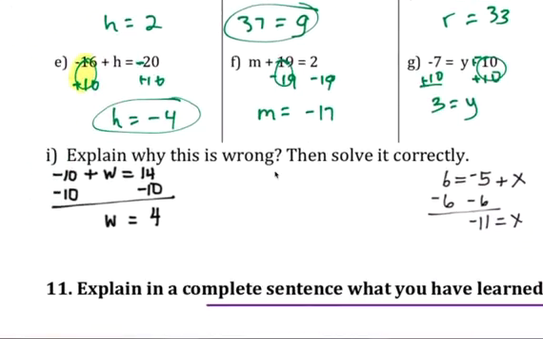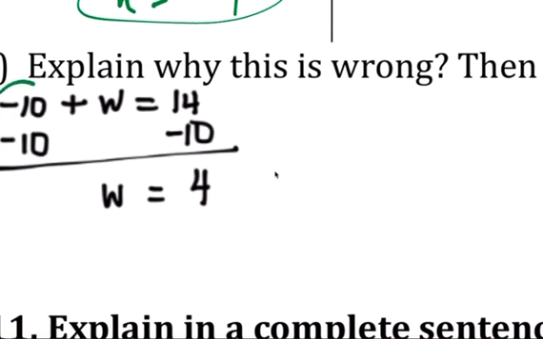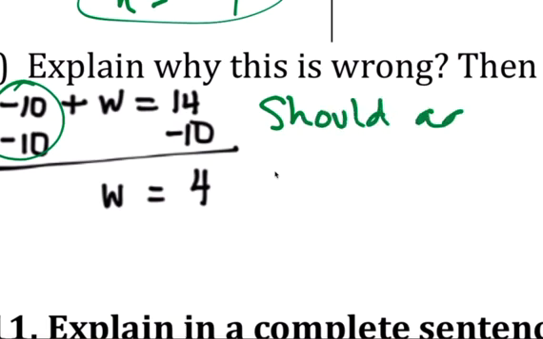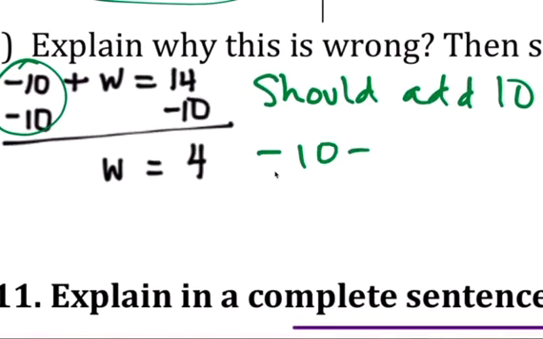Okay, and again, what did they do wrong? Explain what they did wrong. -10 plus 10 is not 0. Should have added 10. So then solve it correctly. -10 plus w equals 14. Add 10.